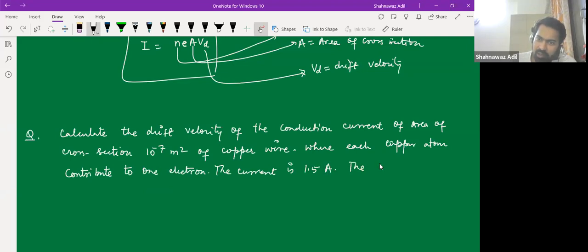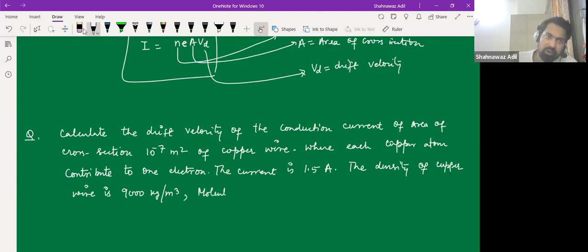The density of the copper wire is 9,000 kg per meter cube, and the atomic mass of copper, so M, is 63.5 gram, right?